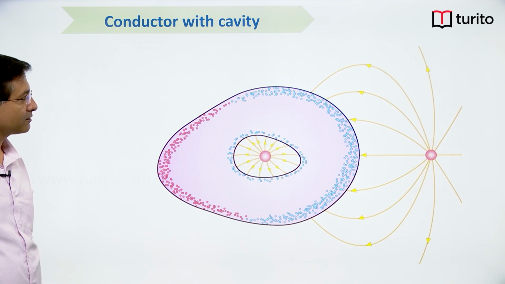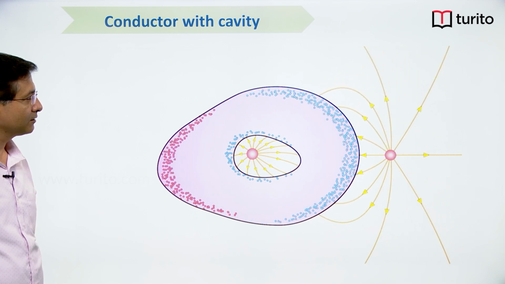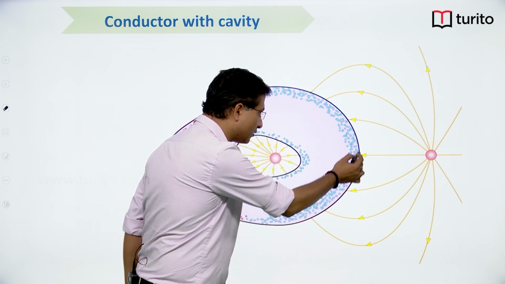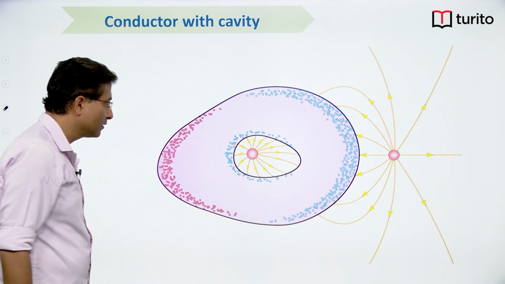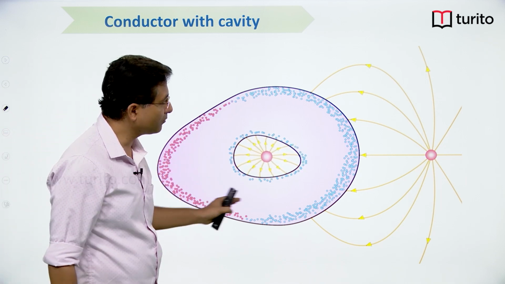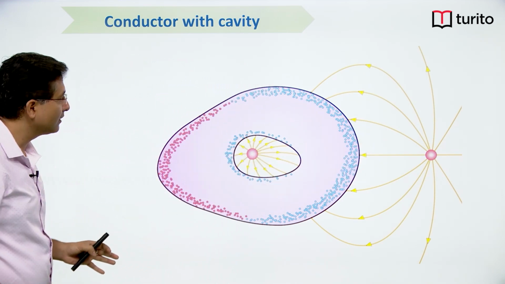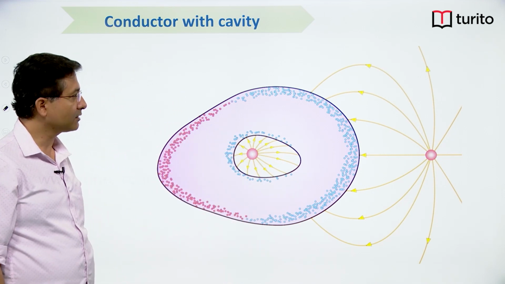So, one by one I am doing this, right. And these lines are always perpendicular to the surface, right. These lines are always perpendicular to the surface. Okay. And there will be lines here also. I did not want to make the diagram complicated. I am just showing you a few lines and the distribution. So, our focus is mainly on the distribution, right, how the distribution is getting affected due to movement of charges, right.